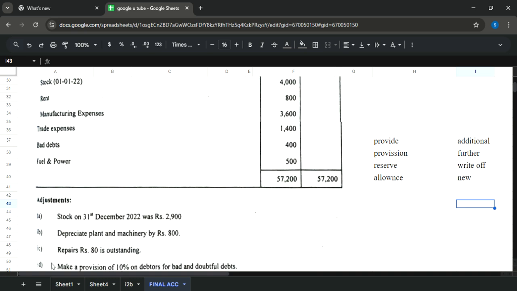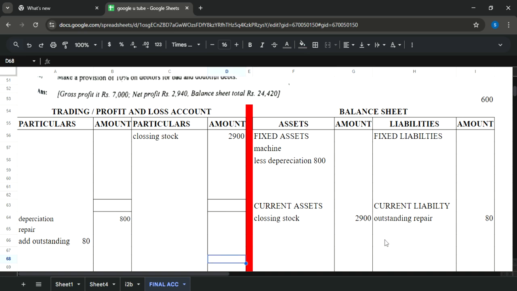Now next is D, make a provision of 10% on debtors. Since we have already learned, there are four elements related to bad debt adjustment. First, old bad debts, that would be written in the trial balance.